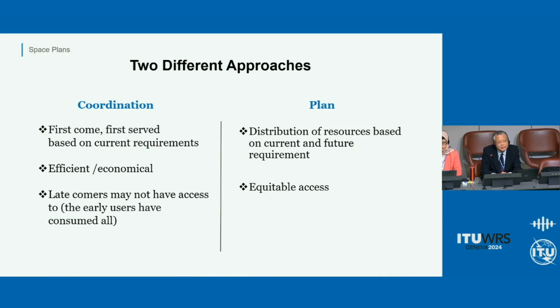That means if you have a requirement for frequency or orbit slot resources to implement your satellite system, you send your submission to the ITU, you do the coordination after publication of your submission, then you submit your notification for recording your assignment to get it protected, so you can use your system safely.